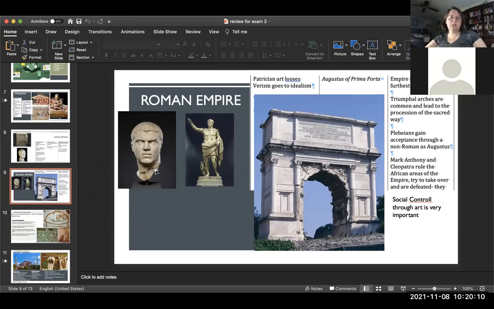So here is the head of Caracalla, and on the right, you can see the image of Augustus of Prima Porta. Both images are highly idealized, and that veristic head goes out the window.